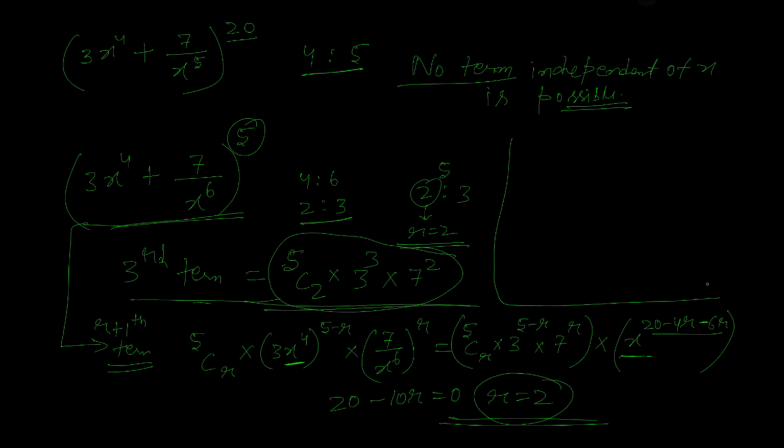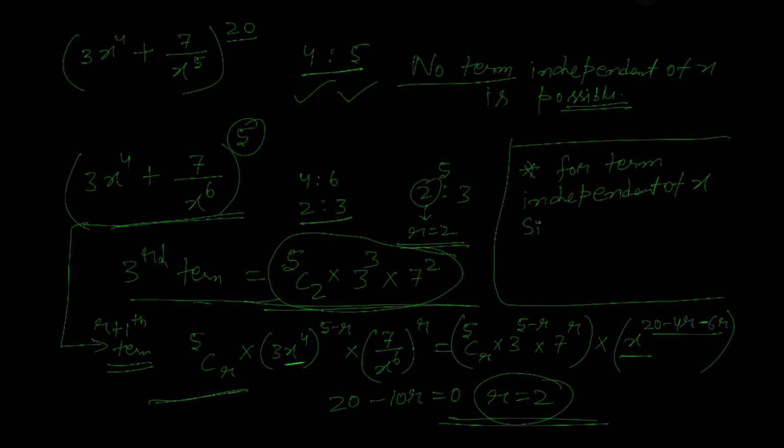So what is important here? I'll take only one example like this. Otherwise, we'll always use this process. So for a term independent of x, what do we have to do? Simply take the (r+1)th term, or the general term.